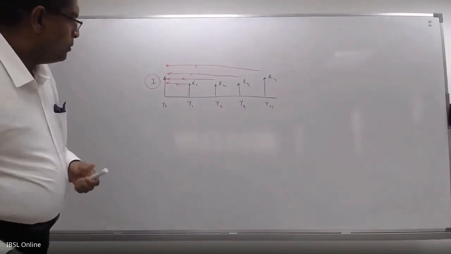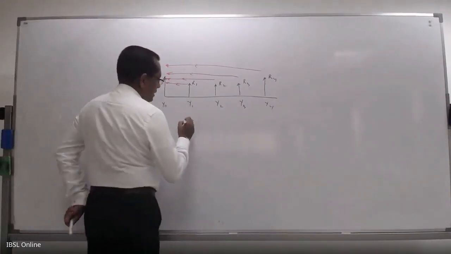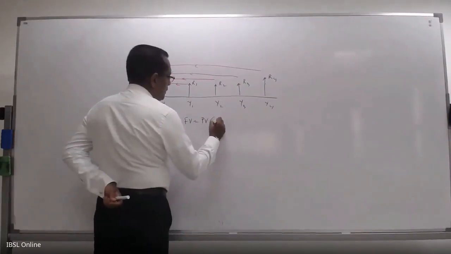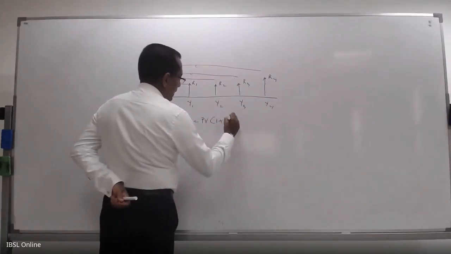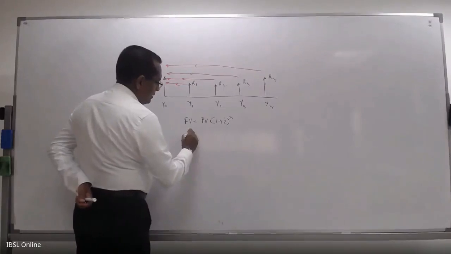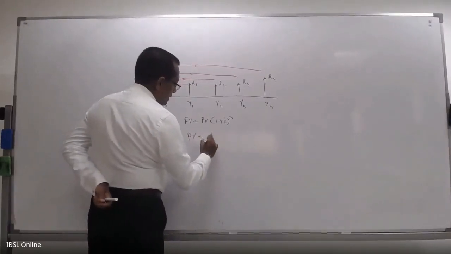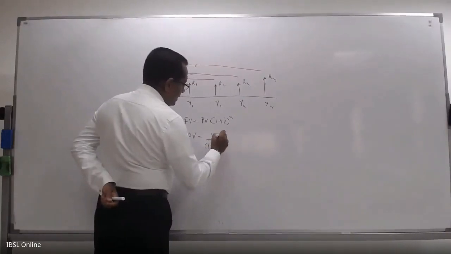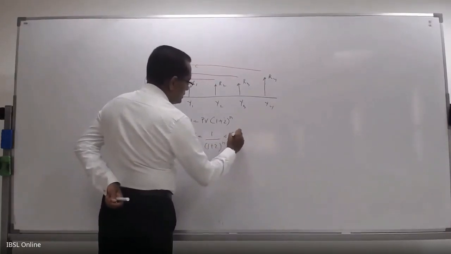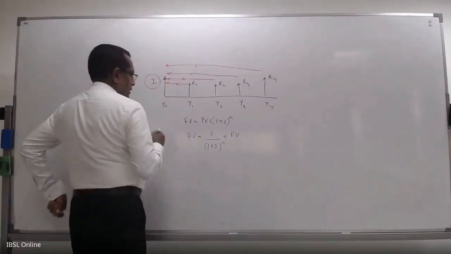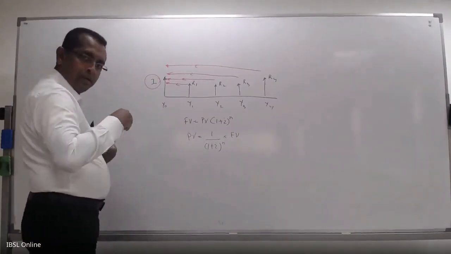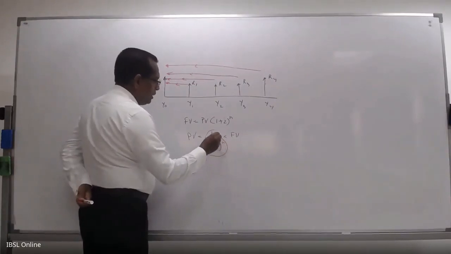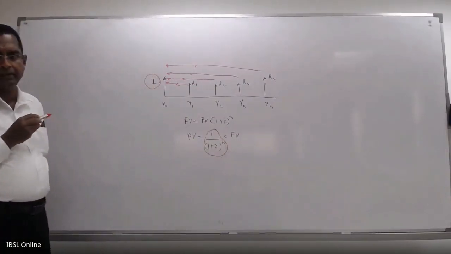So the formula we use is future value equals present value times (1 plus i) to the power n. So present value equals 1 divided by (1 plus i) to the power n, times future value, right? This factor is called the discounting factor.